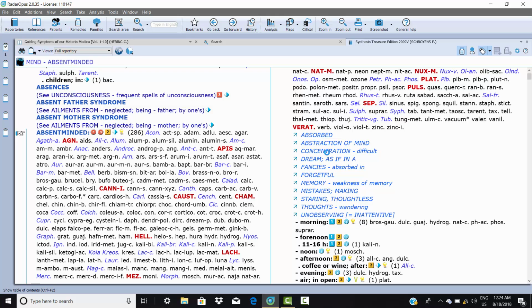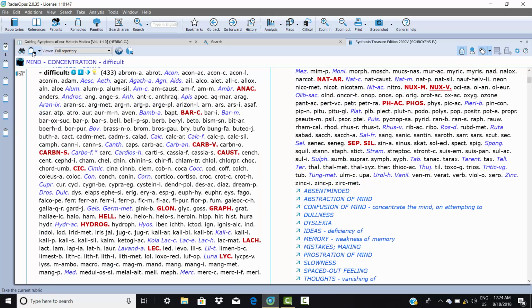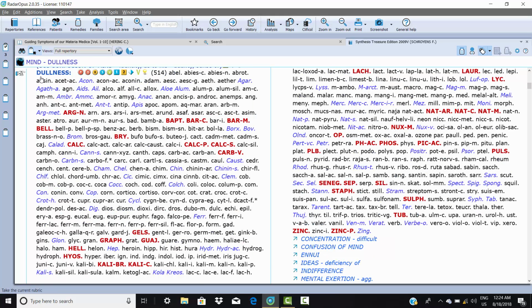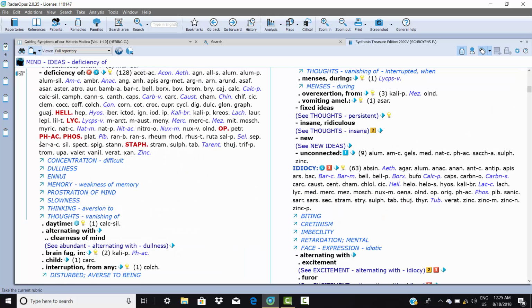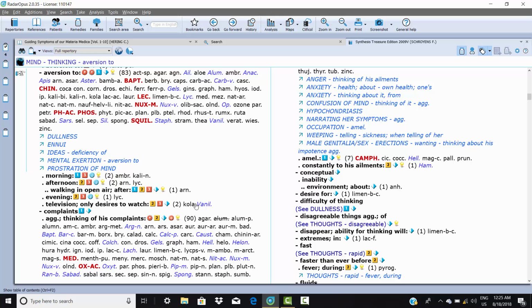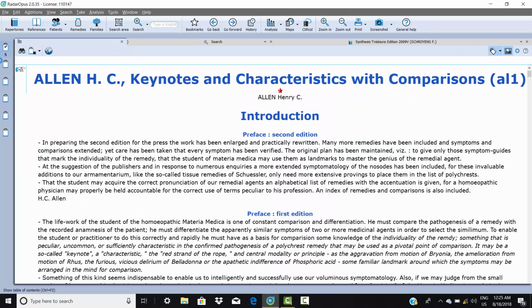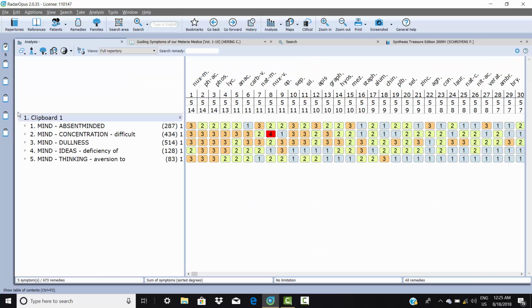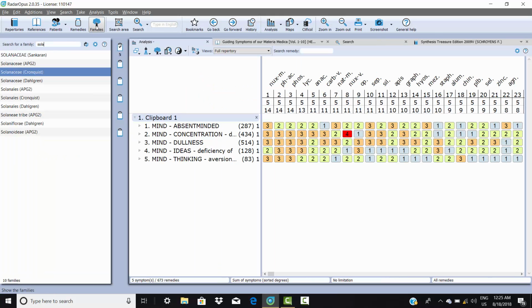Save some rubrics. This is the one. Limit this family.